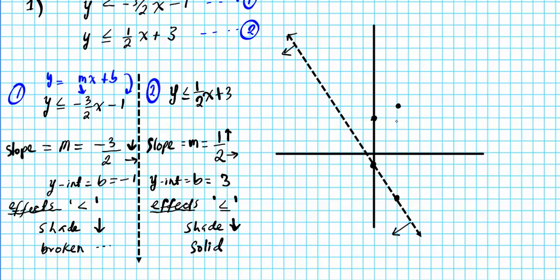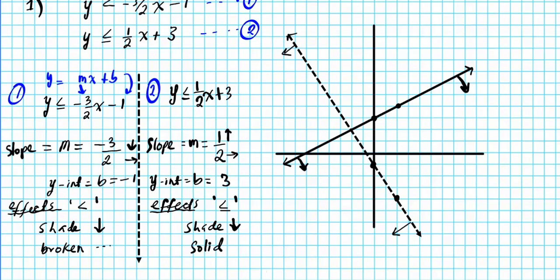Okay, so we're going to draw a solid line going through that point. That will be our solution region. So let's see something like that. All right, now the direction of our shade is downwards, just like before. So we have to have an arrow pointing down and an arrow pointing down.